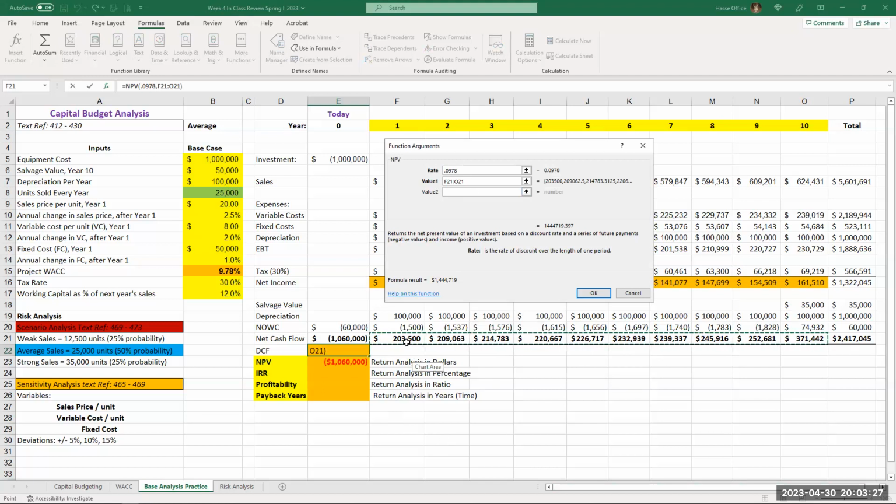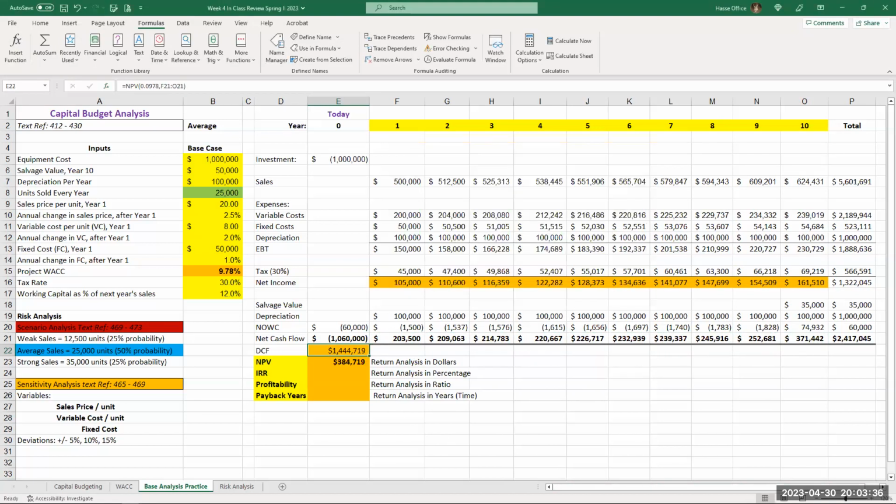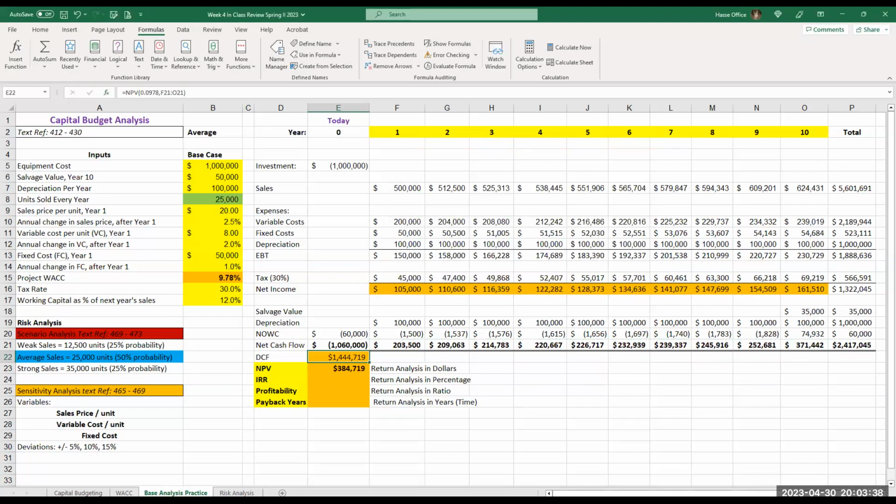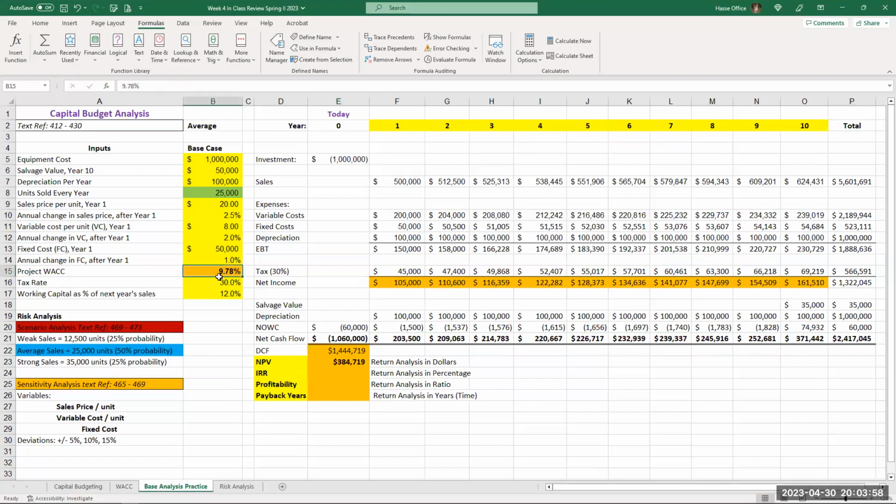We're taking each of those 10 years' cash flow, discounting it at 9.78%, and we get our discounted cash flow, $1,444,719. So really, the $2.4 million in cash flow being generated off this investment is actually worth today, 10 years back, $1,444,000, because we're taking into account the cost of the money.